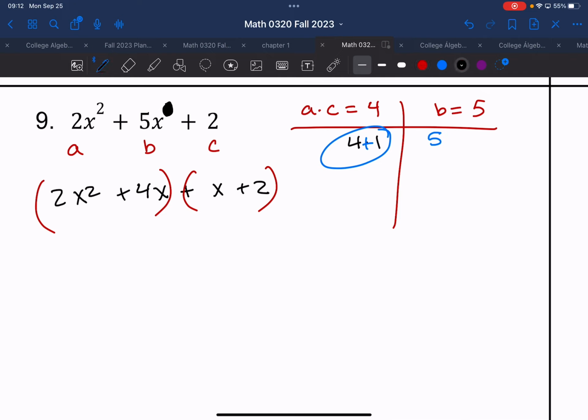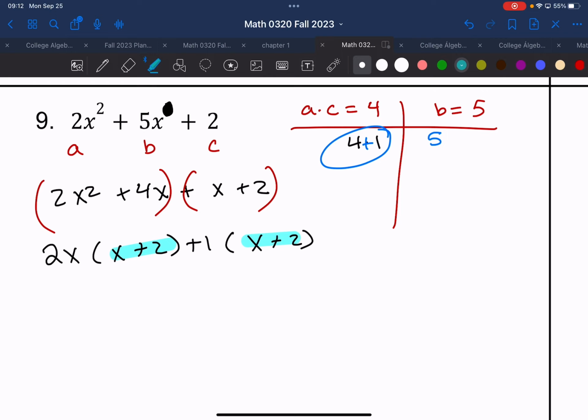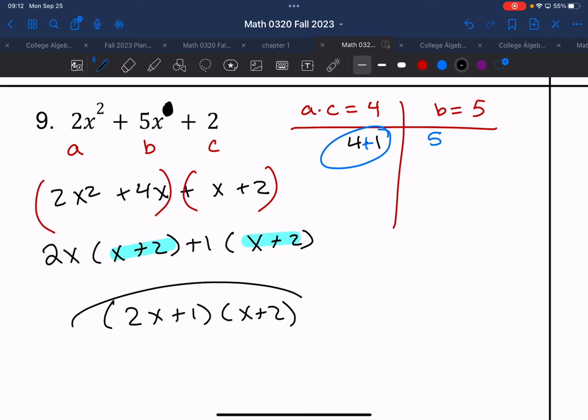What would be the GCF from the first one? 2x, so I'm left with x plus 2. And since that already matches my parentheses, what am I taking out? A 1, so I have x plus 2. That way these stay the same. So that means I have my answer of 2x plus 1 and x plus 2.